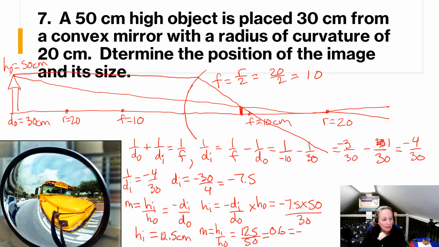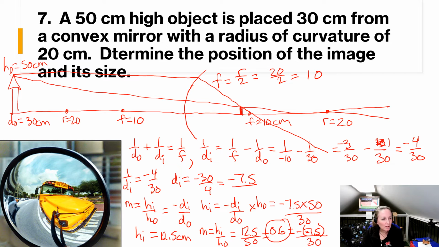So negative 7.5, which is kind of weird. Negative becomes a positive if you've done that math before. If you haven't, it's all good. And then we have the distance of object, which is 30. And we should be getting 0.6 again. I'm trying to see if we got that right. Distance of image, negative 7.5. Yes. Okay, so your magnification is 0.6.